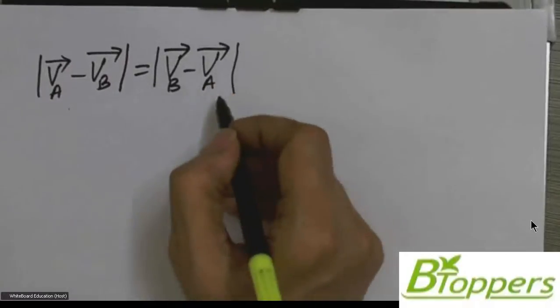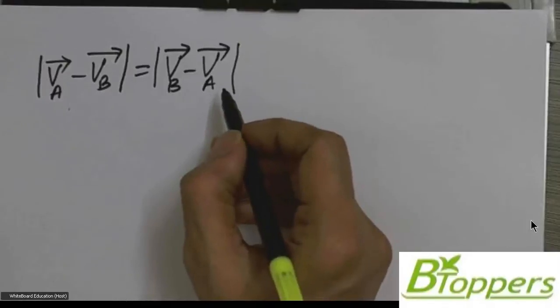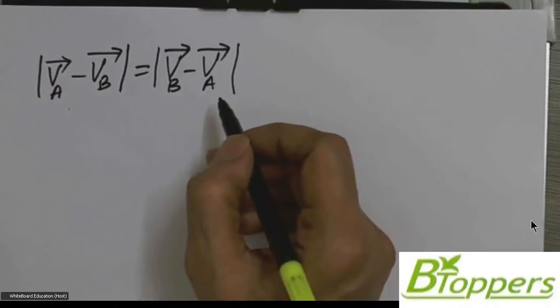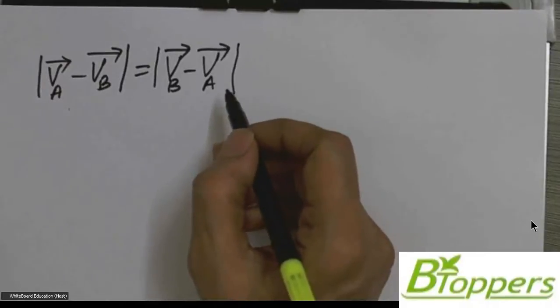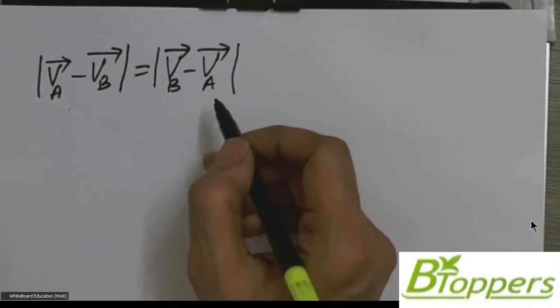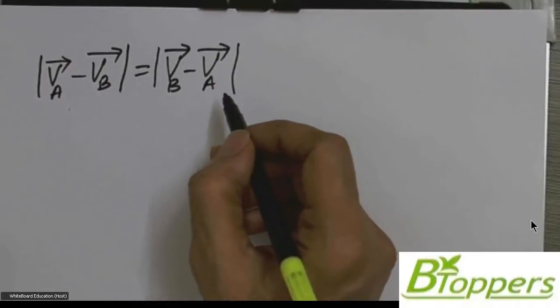Because in general, if A bar and B bar are two unequal vectors, then vector difference A bar minus B bar can be written as negative of vector difference B bar minus A bar. That means modulus of vector B bar minus A bar can be written as same as modulus of vector A bar minus B bar.